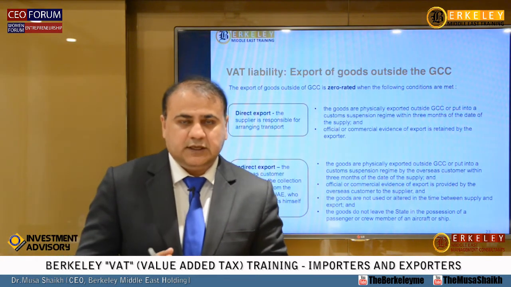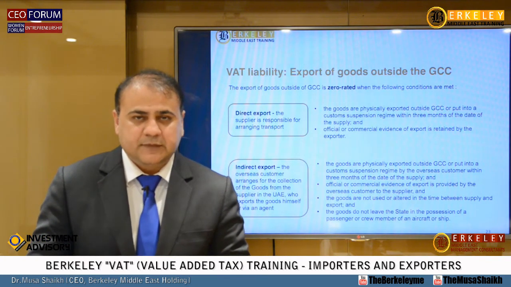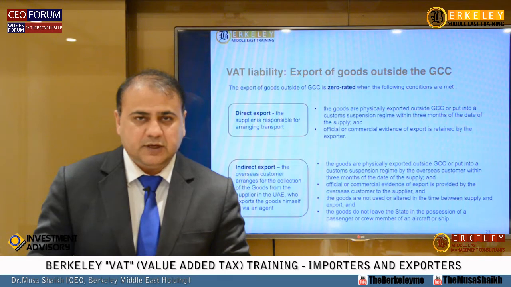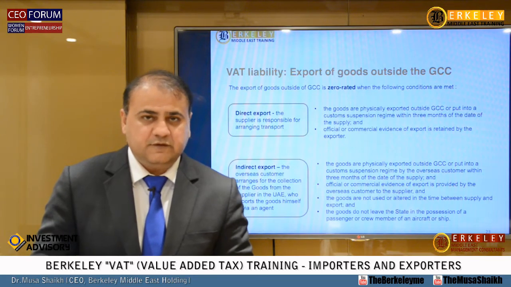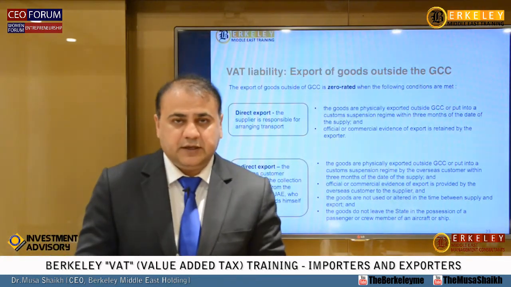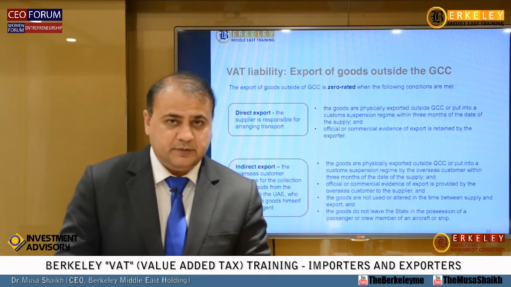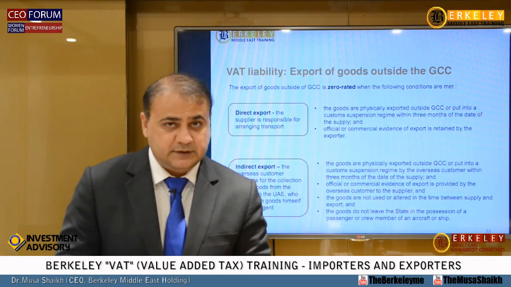So we have to see that the goods are physically exported or they are kept in an area by the customs authority for 3 months from the date of supply. There is no alteration in the shape of goods, so there is no conversion cost applied on it. So these are two main conditions. If you meet these, then of course the export outside the GCC will be zero rated.